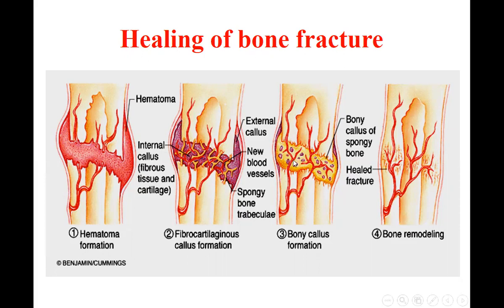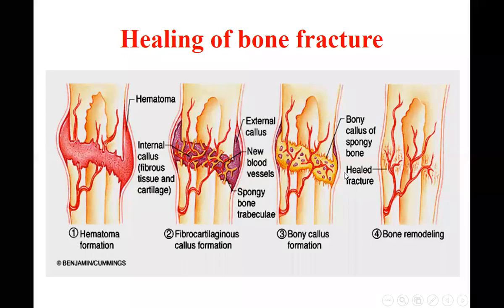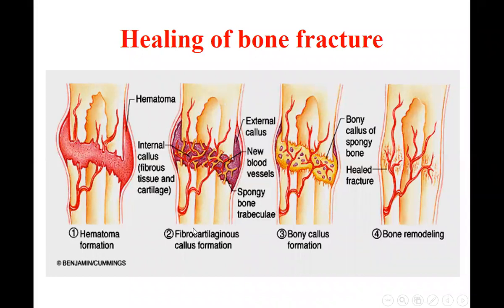Slowly the calcium starts depositing within this hematoma. Initially there is just bleeding, then the arteries join, and within the bleeding there is development of fibrocartilaginous structures. Then in the later stages, there is deposition of calcium. This is called bony callus formation.